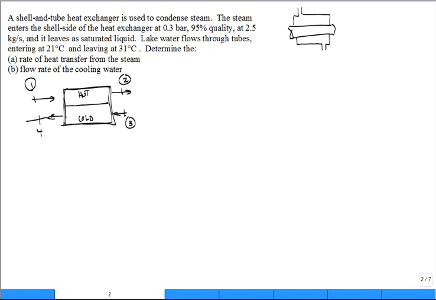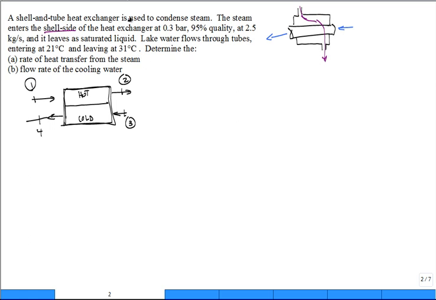And what they're showing you is the tube, the flow goes through the tube, and then on the outside, the flow goes through the shell. Goes like that and goes out. So a shell and tube heat exchanger. So that's the terminology here on the shell side of the heat exchanger. But that just means the other fluid is not mixed with the other fluid because it's inside of a tube that runs through the shell.